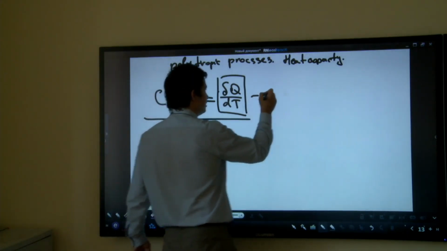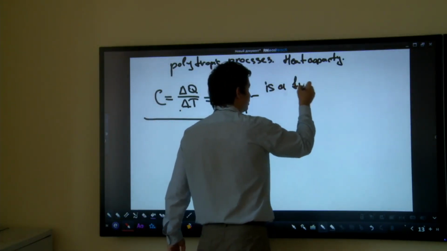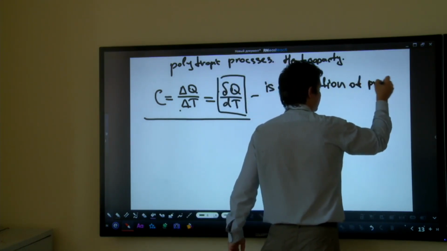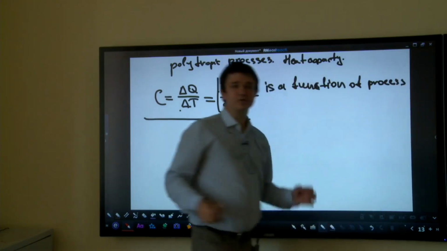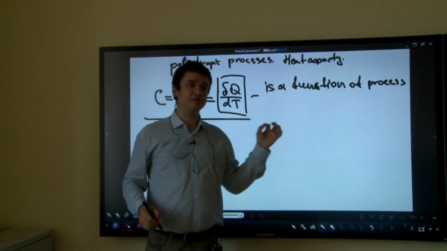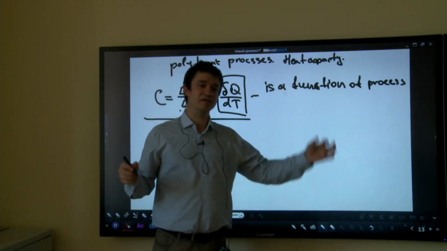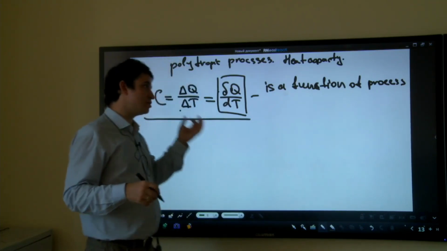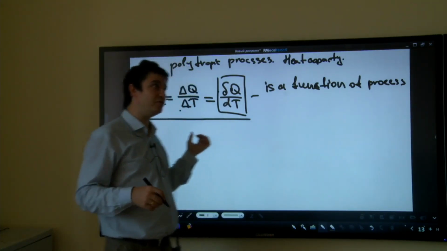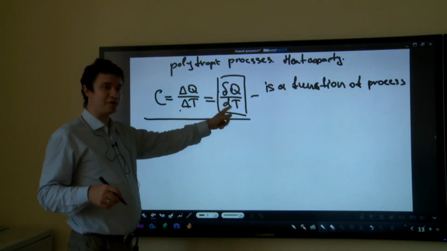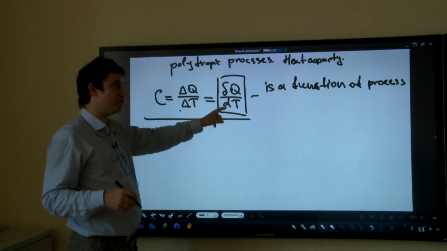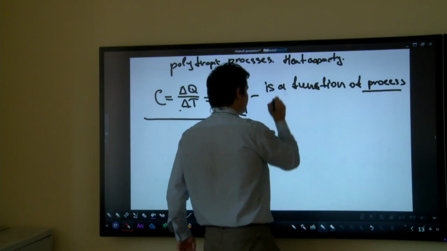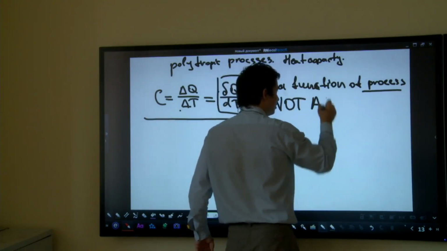Heat capacity is a function of process. So you don't only need to know which kind of system you deal with, not only which type of gas or liquid you have, but you also need to understand the process, because in different processes the heat capacity would be different. So this is not a property of the gas, it is something which depends on the process.